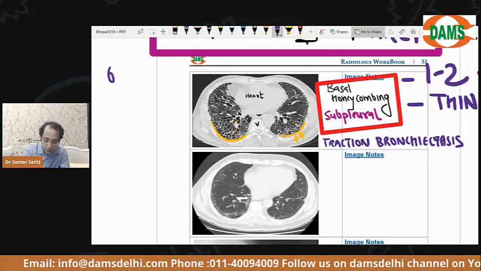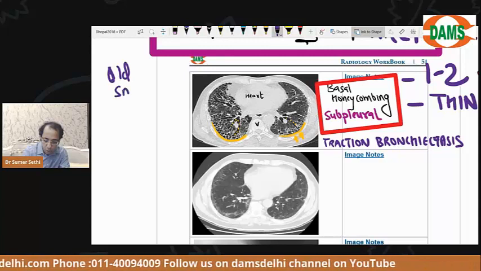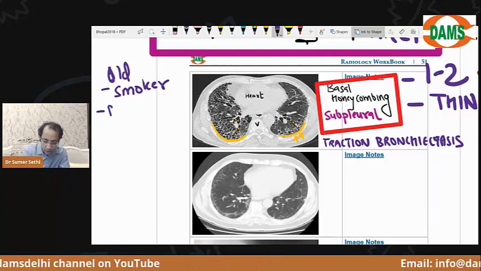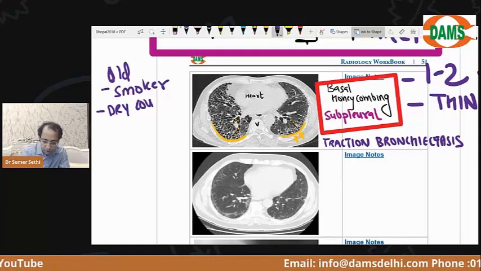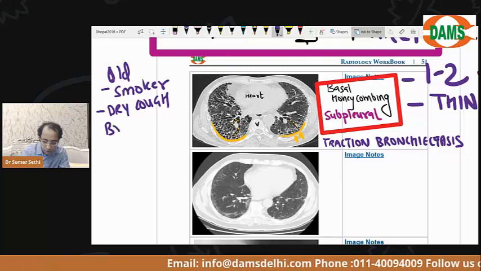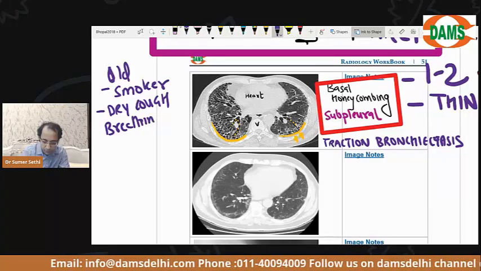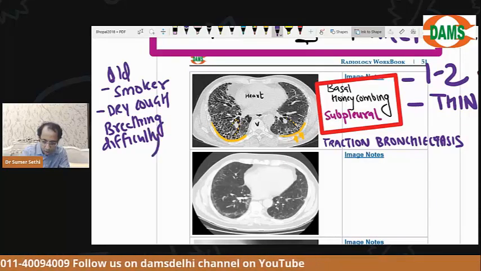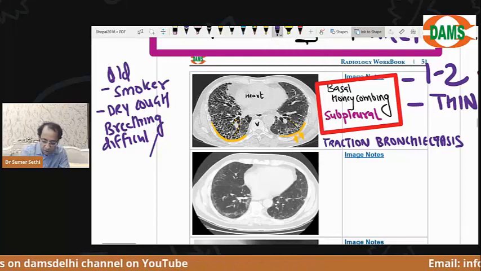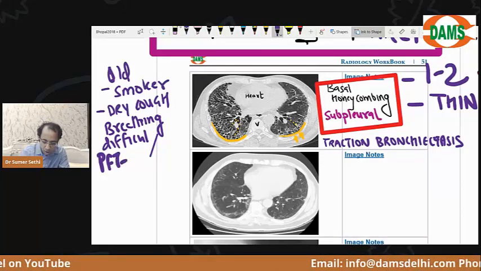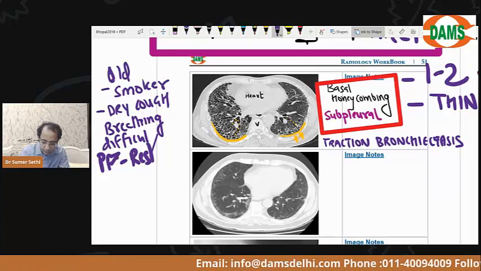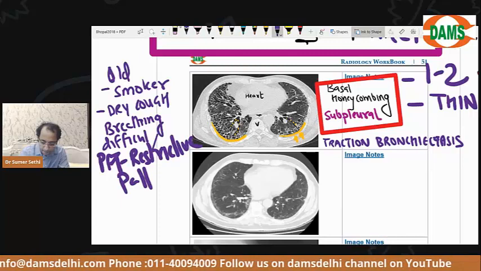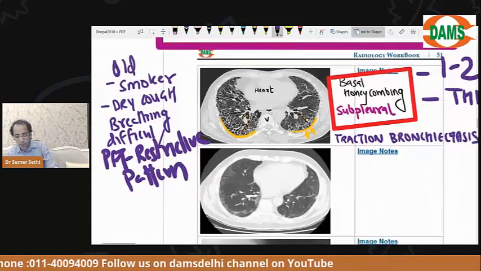The history is an old man who is a smoker, has dry cough, breathing difficulty, and pulmonary function test shows a restrictive pattern. This is the history given.